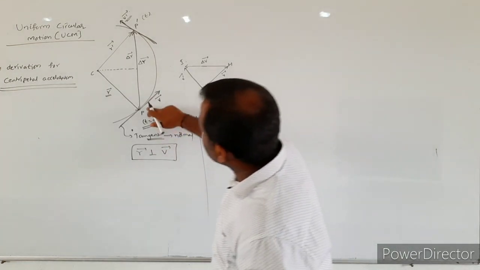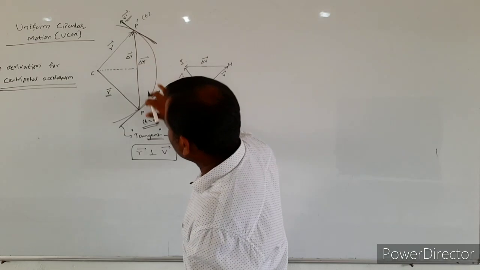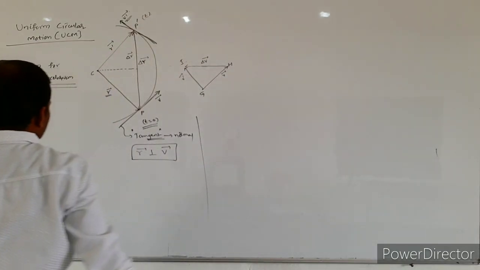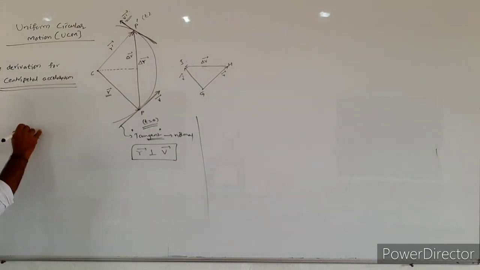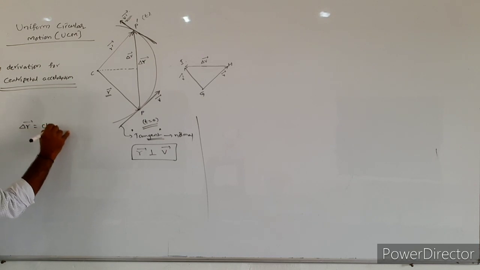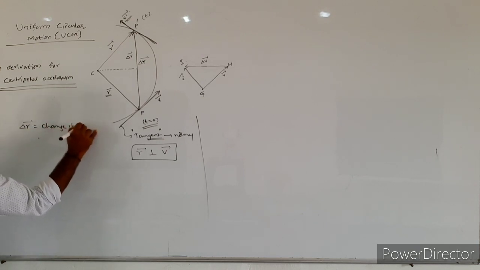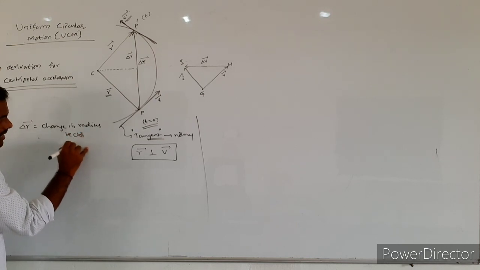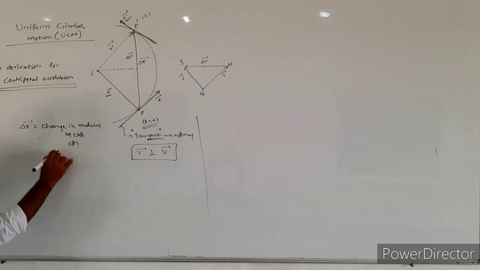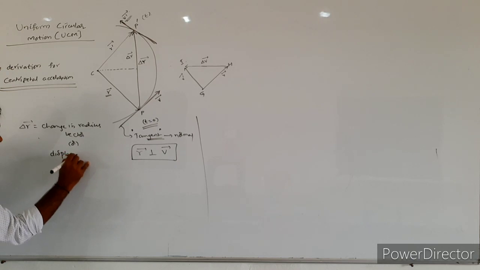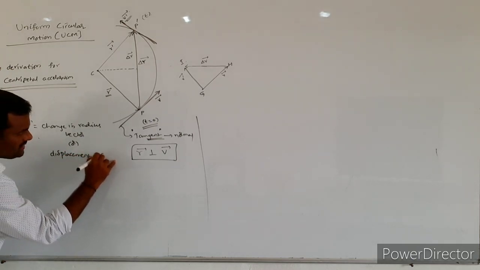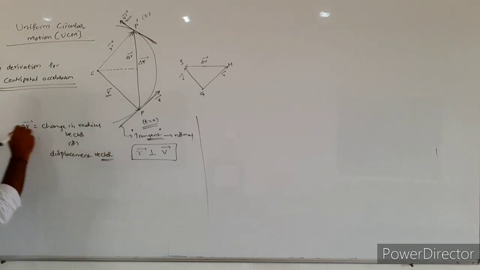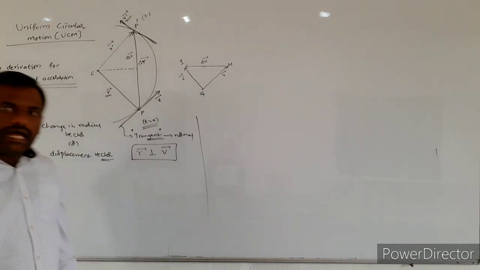So this line P to P dash is also indicating either change in radius vector, or simply displacement vector, which is delta r bar.